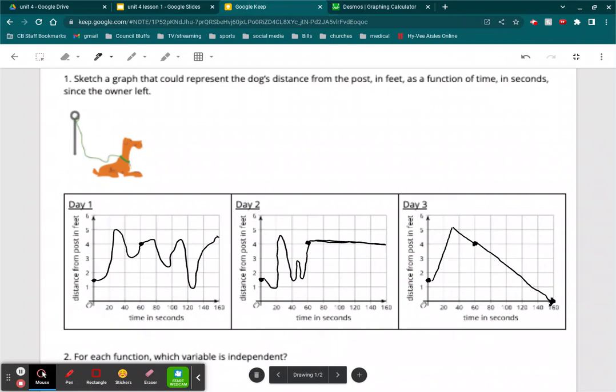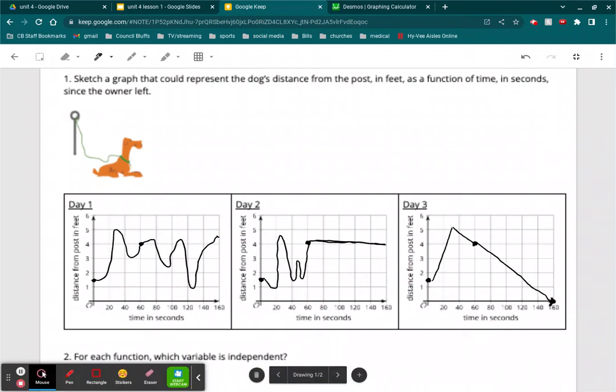So the graph is going to look something like that. It goes up to 5 feet, comes back down to 4 feet at the 60-second mark, and then it keeps going back down, as the leash is getting wound around the post. And then eventually, once it's completely wound up around the post, it's going to be stuck to the post. So it's going to be 0 feet. Okay.